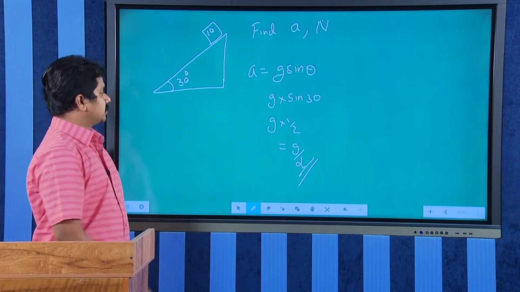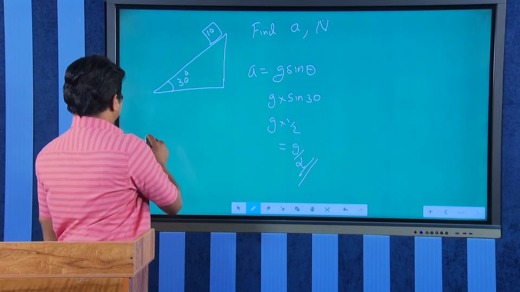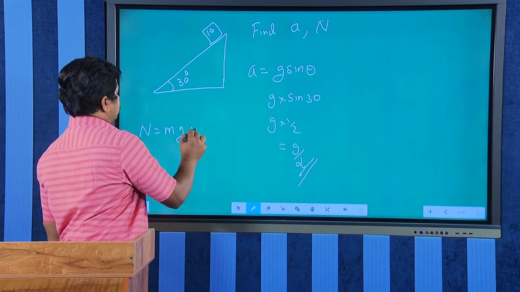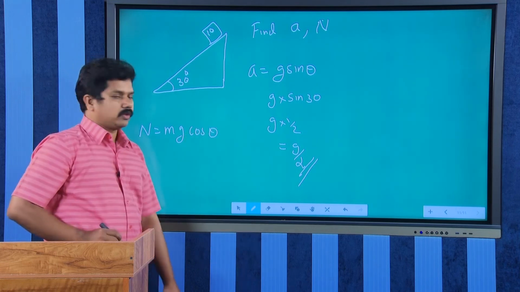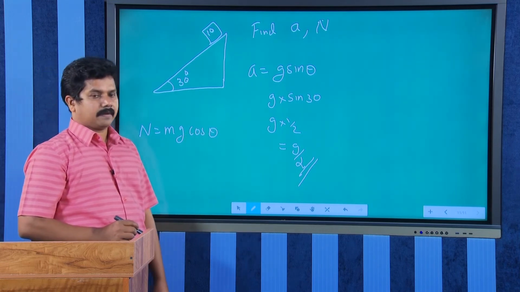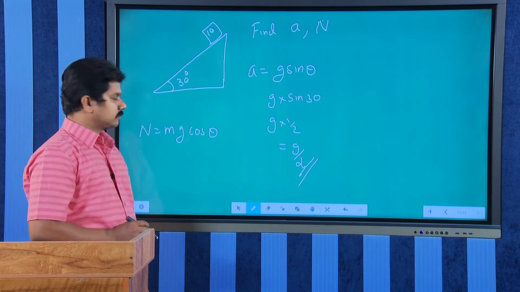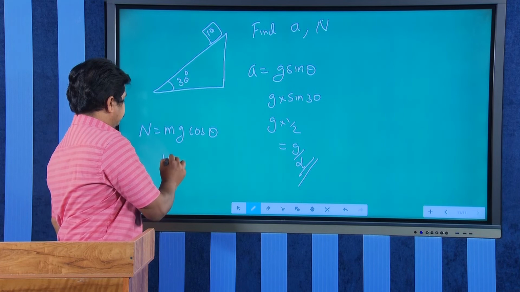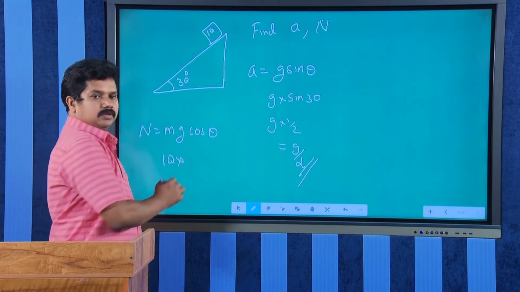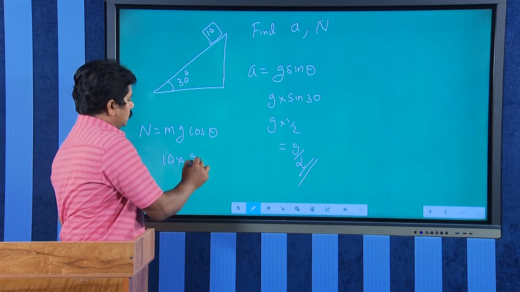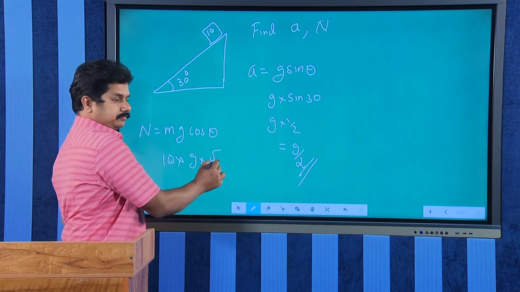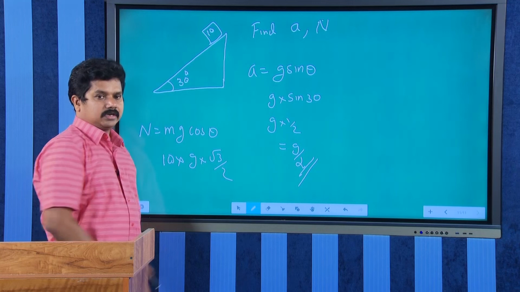What about the normal reaction? Normal reaction is N equal to m g cos theta. So, m is 10, into g, into cos 30, and cos 30 is root 3 by 2.